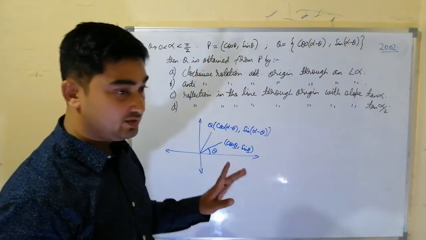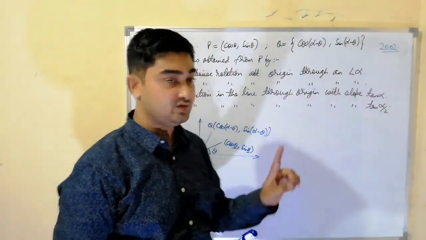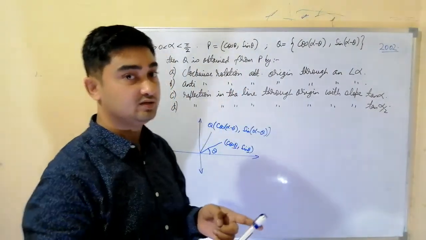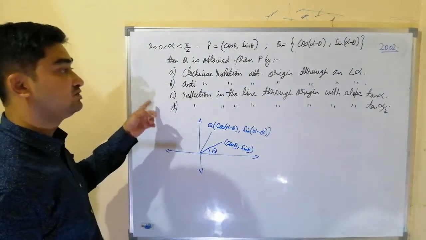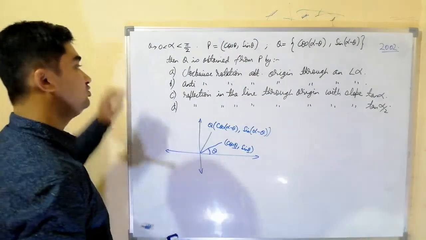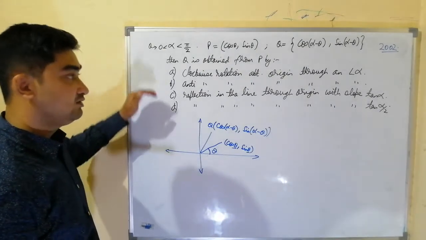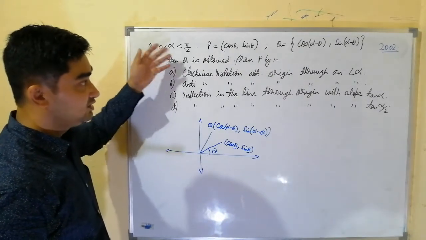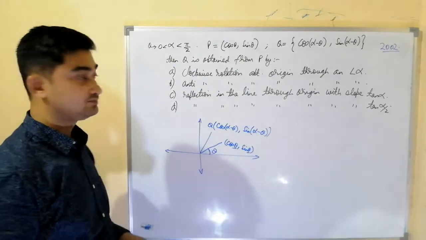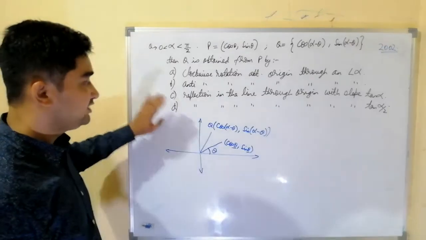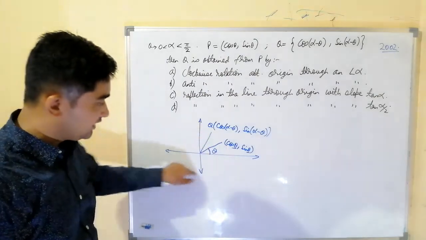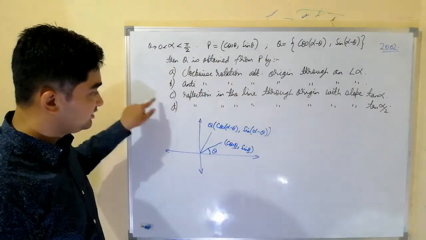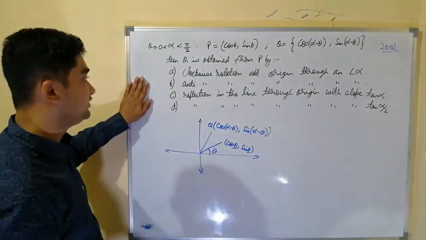So it is not that only by one operation we can get one point from another point. So we have to select the correct one from the given options. One by one we have to check whether by doing this we are getting the required point or not, because there can be many ways to reach from one point to another point. There can be any number of ways.